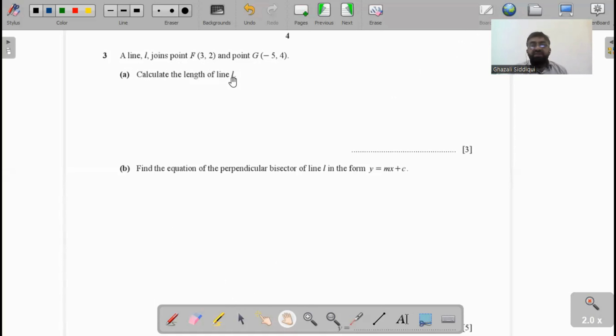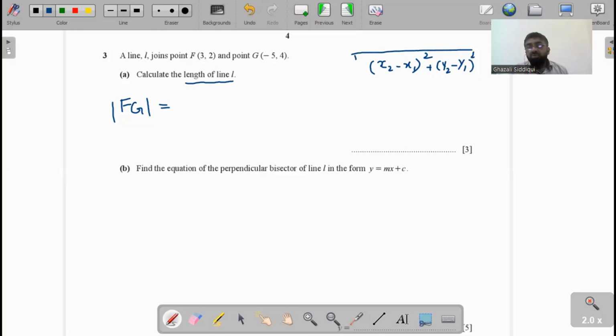Calculate the length FG. Now here, to find the length of the line between 2 points, we use the distance formula. Here we use the distance formula for the distance between F and G. The formula is the square root of x2 minus x1 whole squared plus y2 minus y1 whole squared.